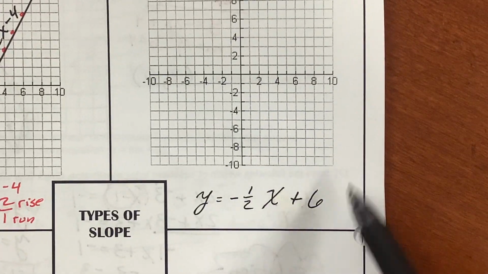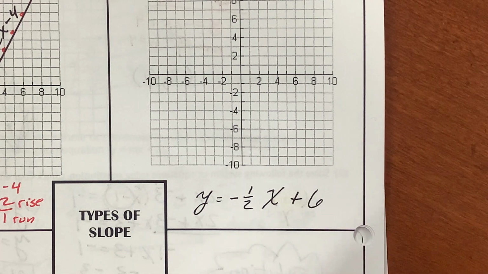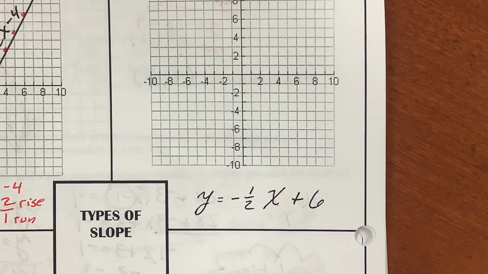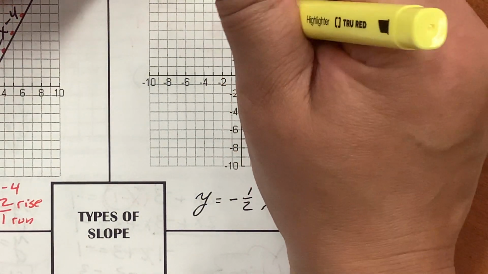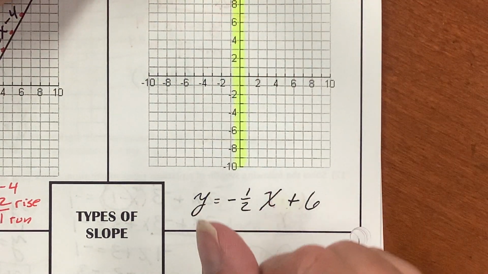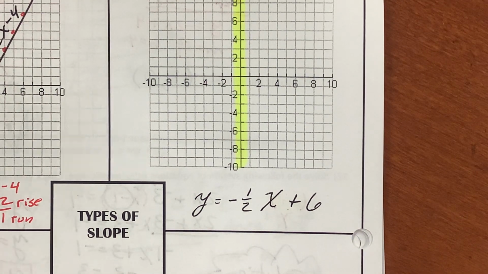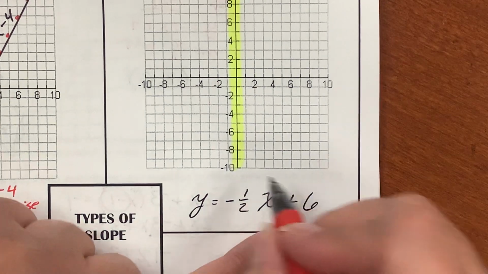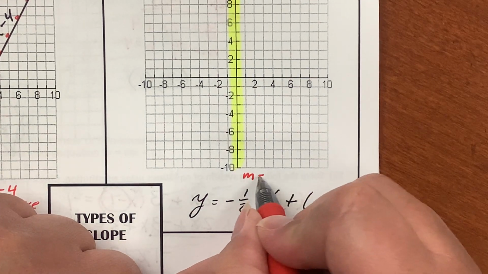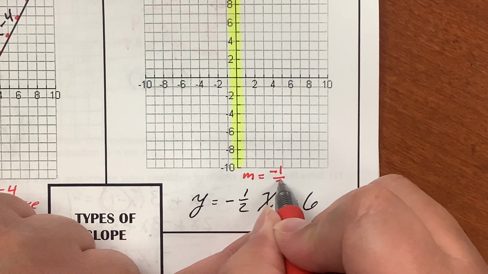Now, even though I have a positive b here, there's a negative sign in front of my m. So I'm going to start at b equals 6. All right, so now that I found my highlighter and I can use it, I'm going to use it. Here's my m, which is -1 over 2.